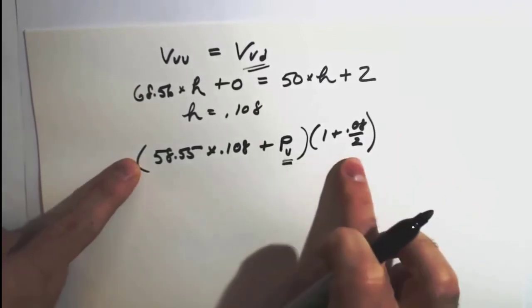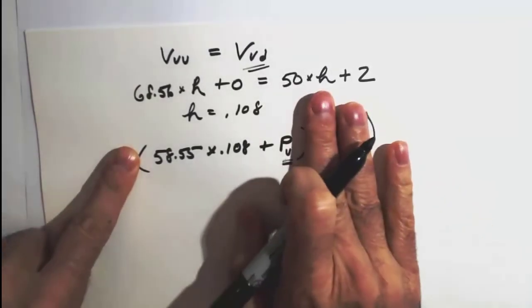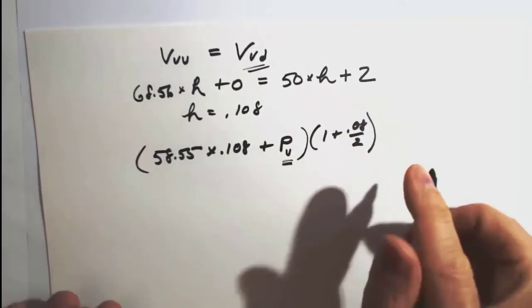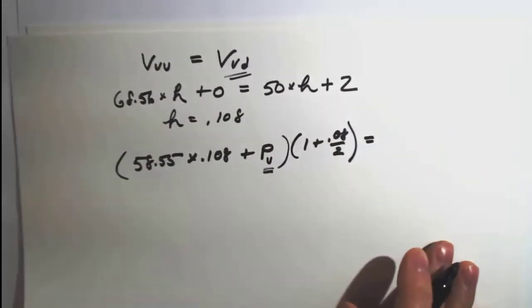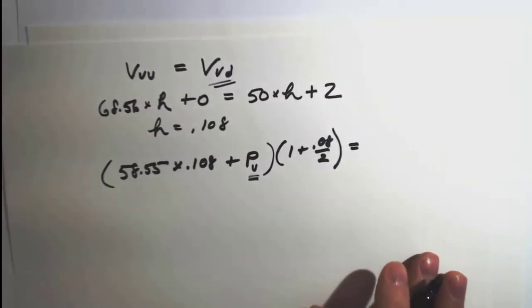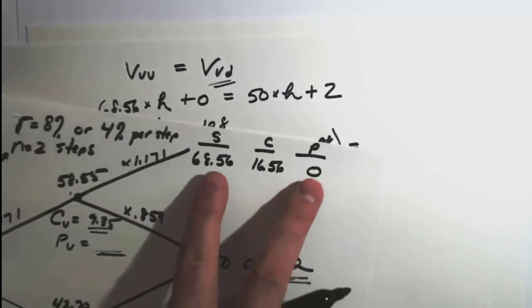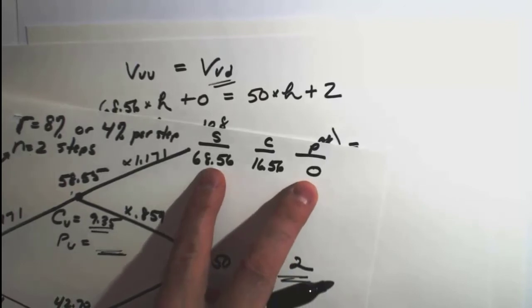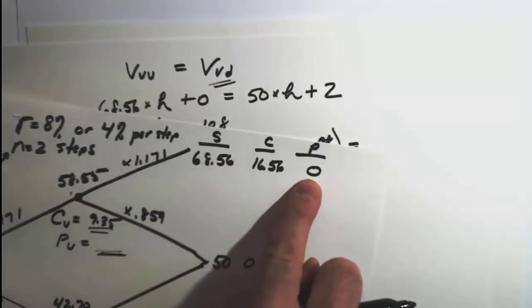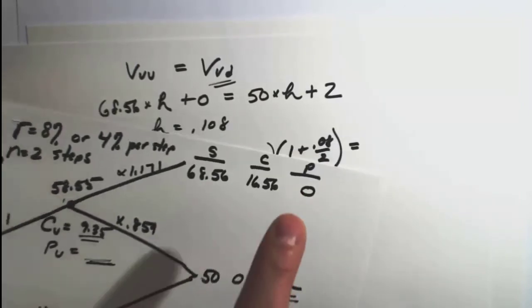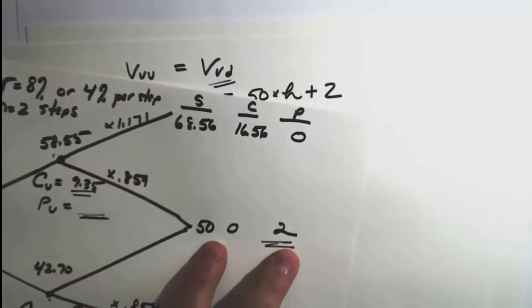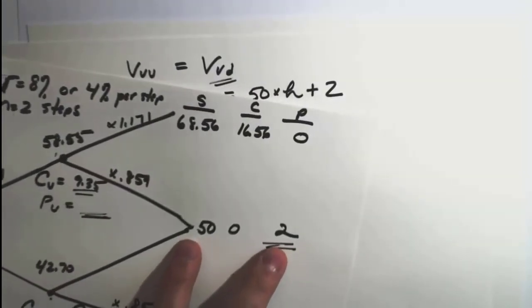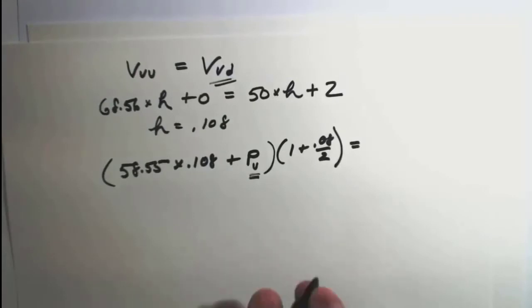It's going to grow by the risk-free rate, chopped in half because there are two steps. This portfolio, which is riskless, is going to grow at the risk-free rate, and it's going to equal the value of the portfolio. If it goes up or it goes down, it doesn't matter. Let's pick the upside because the put is worth 0, and it makes the math a little simpler. We could have set it equal to the other scenario, but we'll set it equal to this scenario this time.